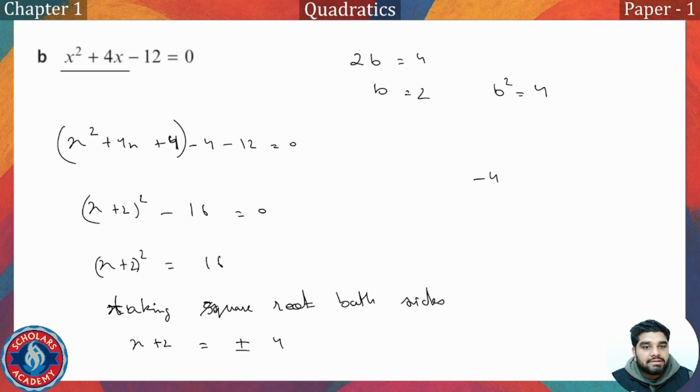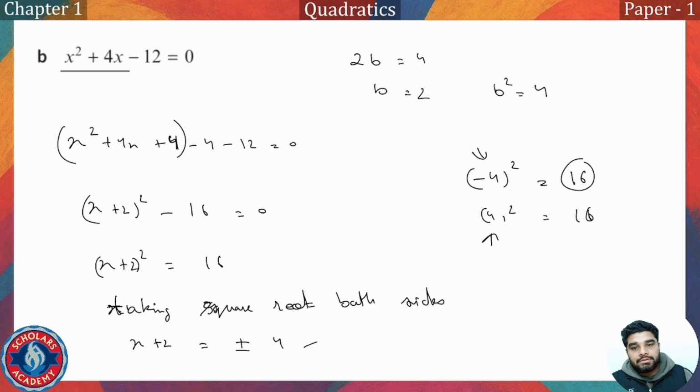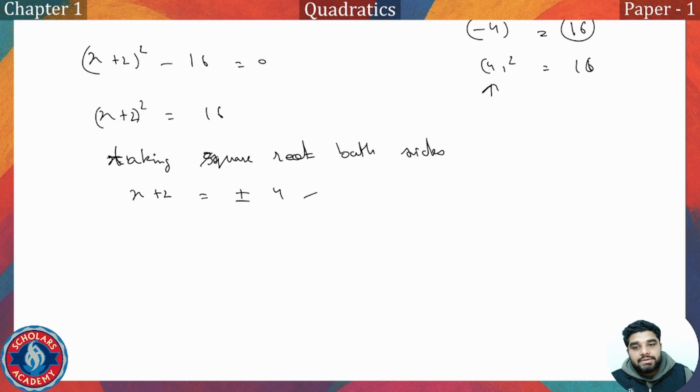Because if I take a square of negative 4, that is also 16, and if I take square of 4, that is also 16. So if I'm taking a square root of 16, we don't know which one it is. Is it negative 4 or positive 4? So we take both, right? So x is equal to negative 2 plus minus 4. x is equal to minus 2 minus 4, that is minus 6, or x is equal to minus 2 plus 4, that is equal to 2.